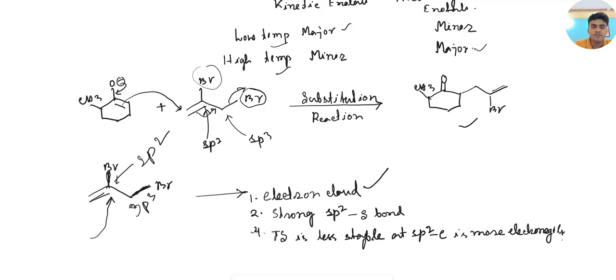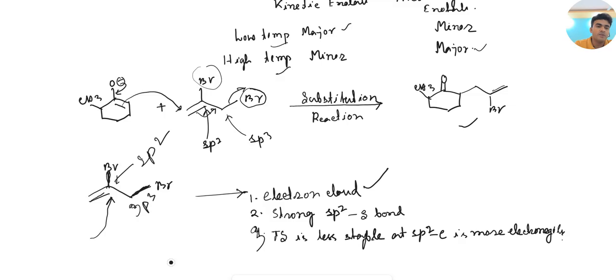And the third reason is the emerging transition state, which will be stabilized when the carbon is sp3, because an sp2 carbon is more electronegative than an sp3 carbon.